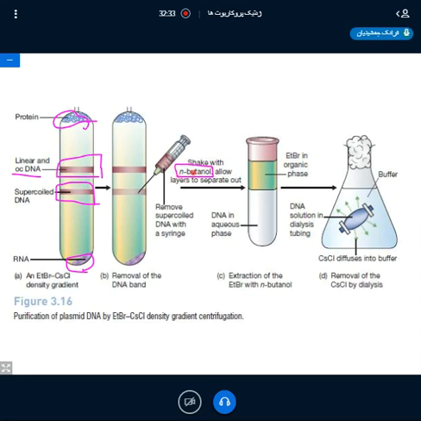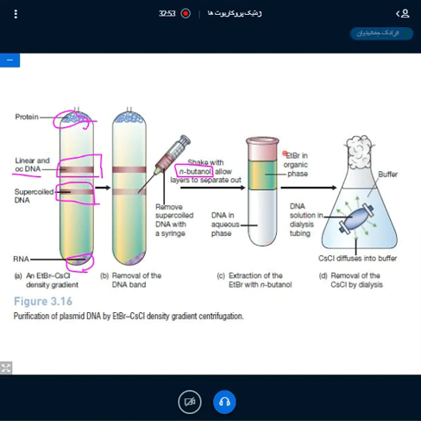What does the N-butanol do? The N-butanol allows the layers to separate. In the upper phase, we have ethidium bromide in the organic phase. In the bottom, we have DNA in the aqueous phase.